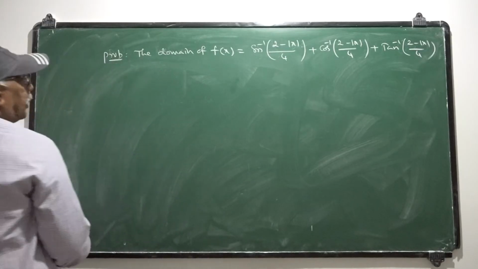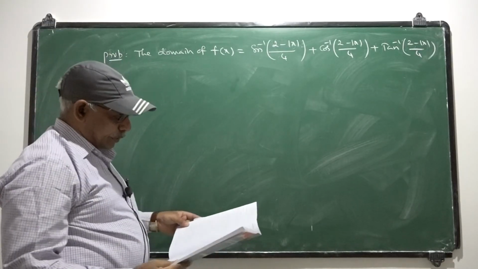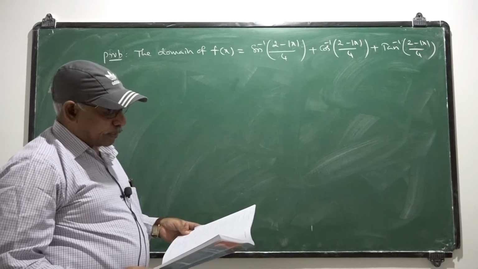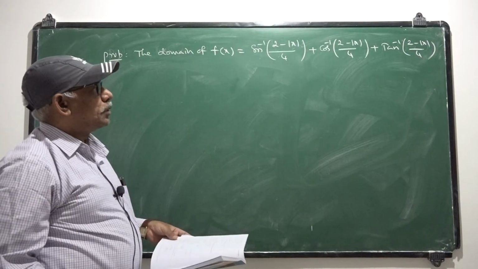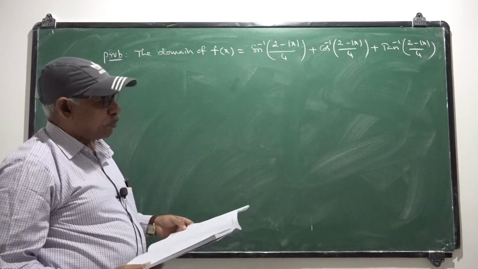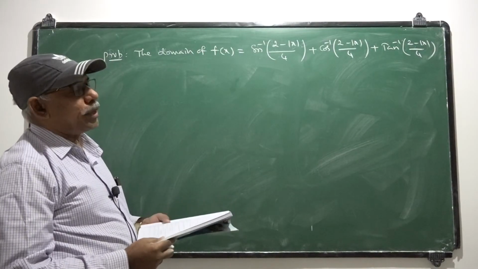The domain of the function f(x) is sine inverse of (2 minus mod x) by 4 plus cos inverse of (2 minus mod x) by 4 plus tan inverse of (2 minus mod x) by 4 is.